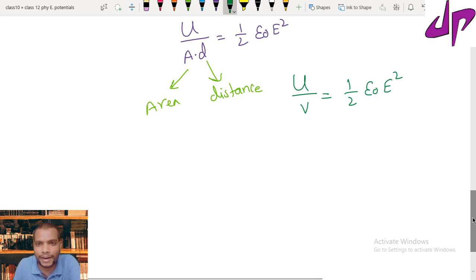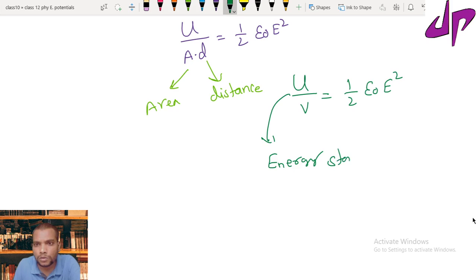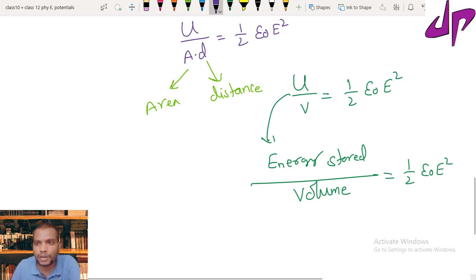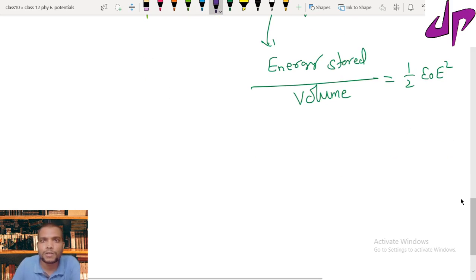If I write this in words, energy stored per volume equals half epsilon naught E square. So this is also known as energy density.